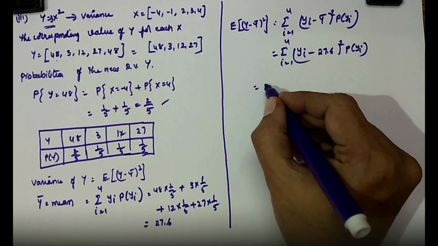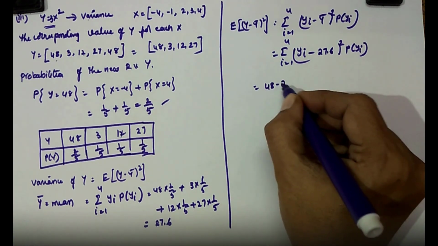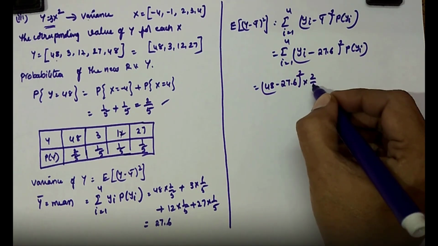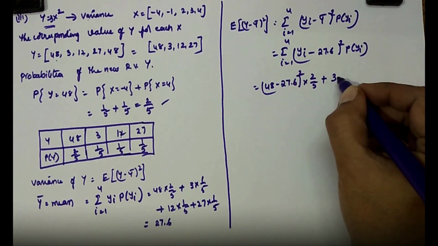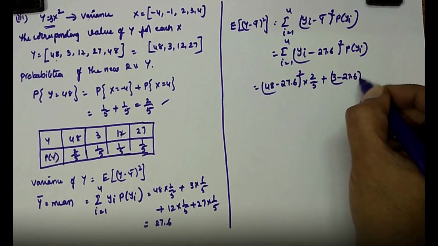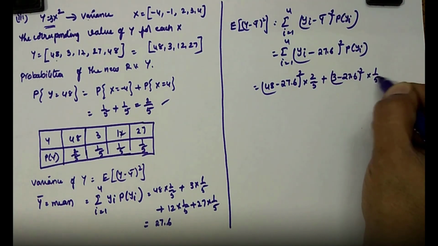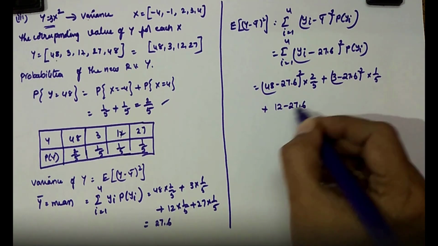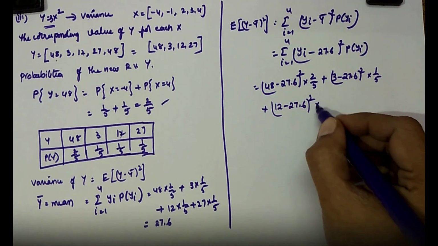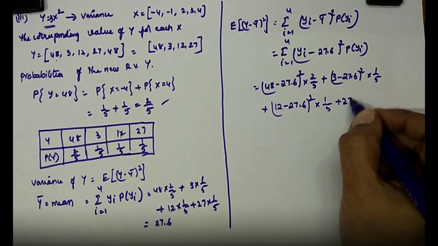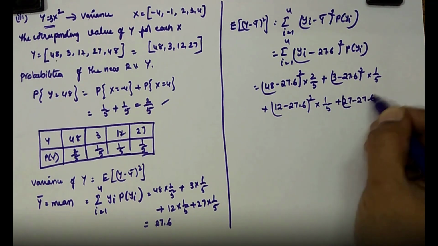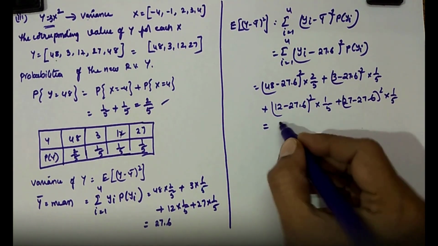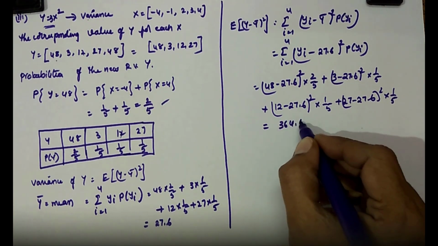So it is (48 minus 27.6) whole square into 2 by 5 plus (3 minus 27.6) whole square into 1 by 5 plus (12 minus 27.6) whole square into 1 by 5 plus (27 minus 27.6) whole square into 1 by 5. The answer is 364.56.